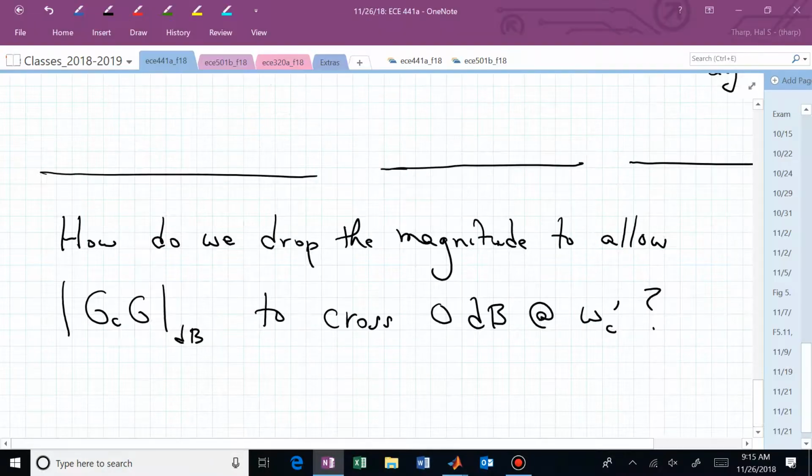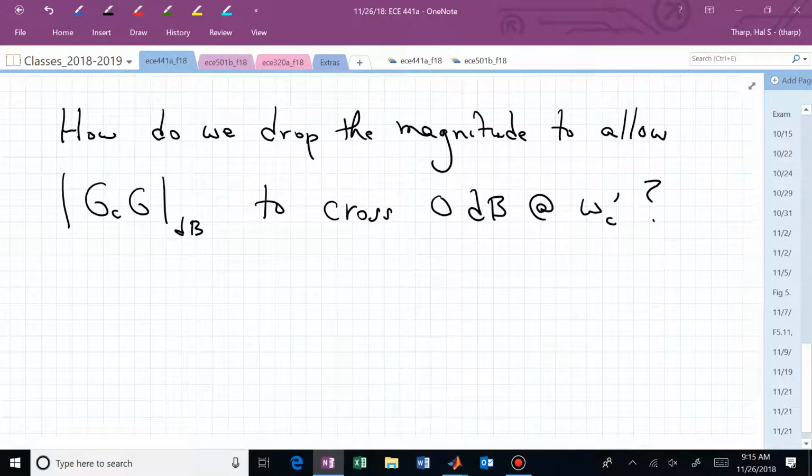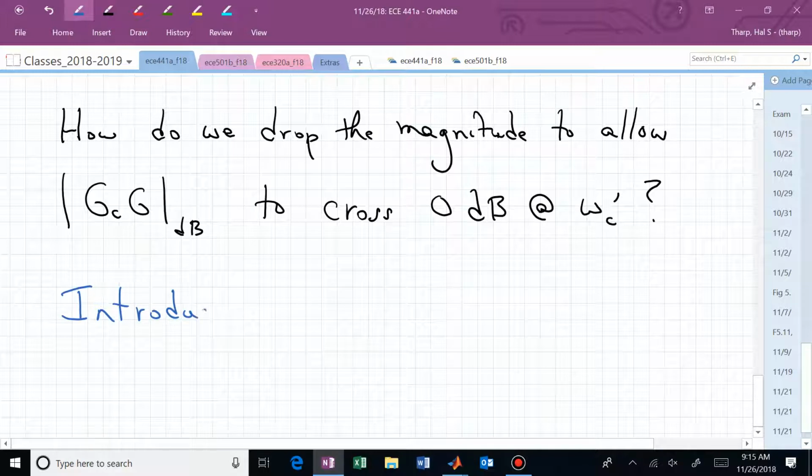And the way that we did that was to do what? We introduced a pole and then a 0. And that was in combination. So to do that, we wanted to actually introduce a pole 0 combination.